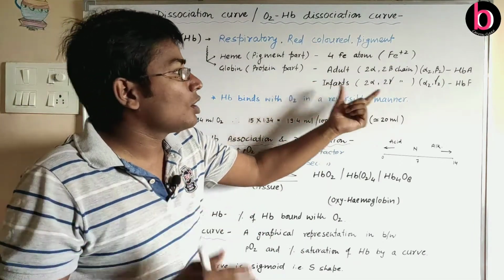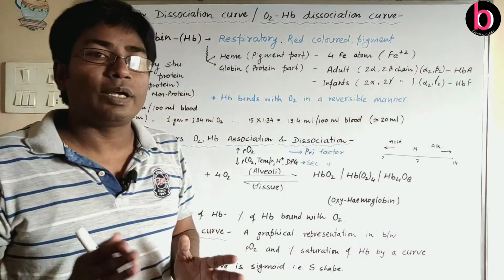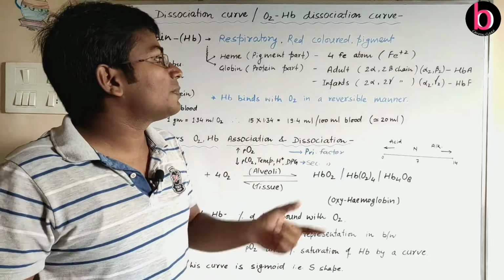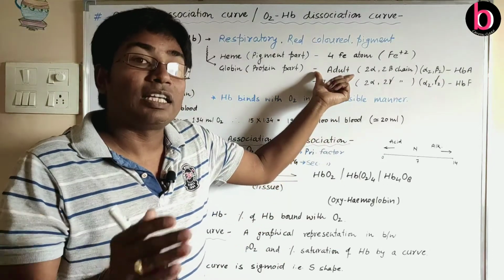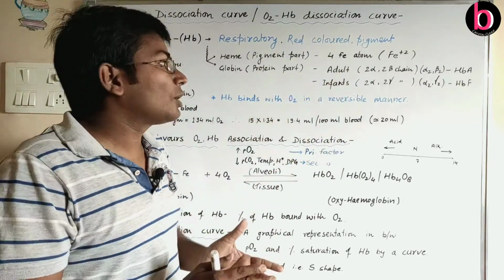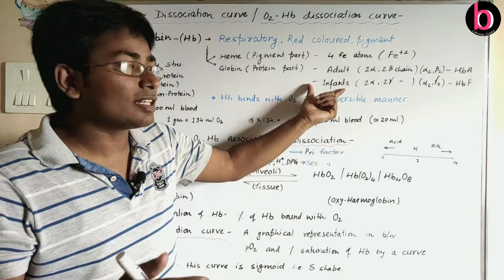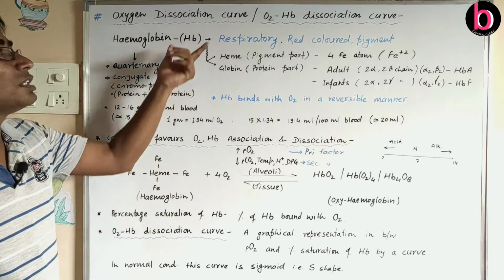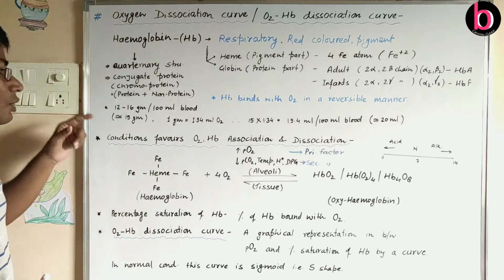Infant or fetal hemoglobin has more affinity for oxygen than adult hemoglobin. Why? Because in infants the quantity of hemoglobin is a little more than in adults. How and why?